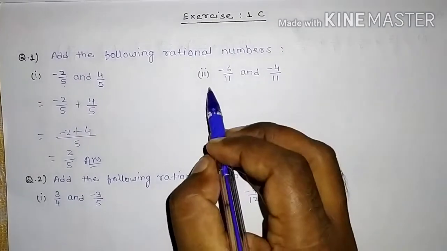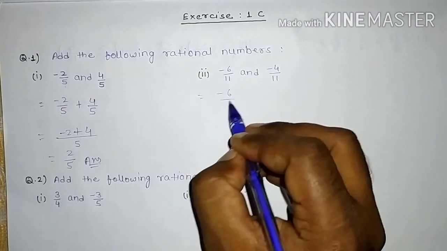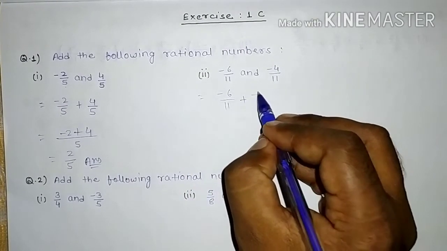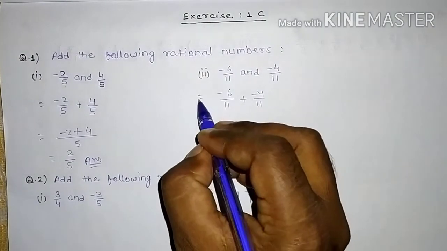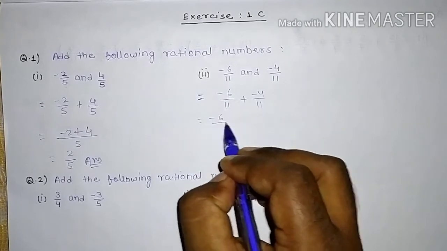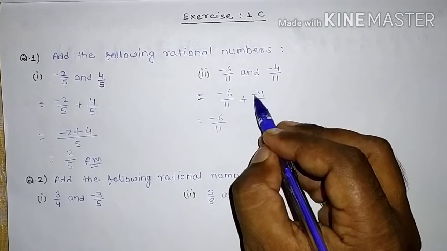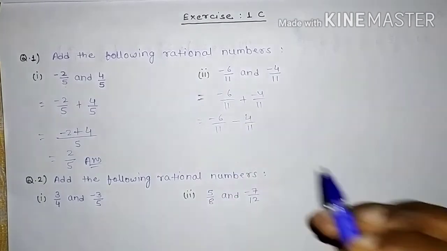Similarly, question number second. Minus 6 upon 11 plus minus 4 upon 11. And we have to add these two numbers. Again minus 6 upon 11 plus into minus, that is minus, we know that, minus 4 upon 11.